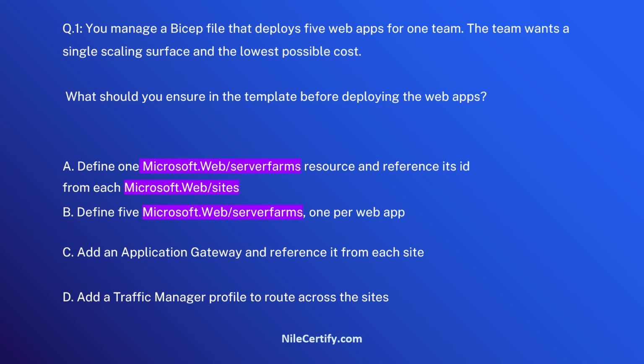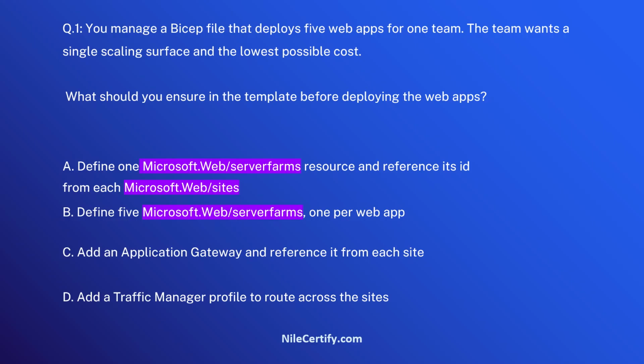Microsoft.Web/serverFarms is the ARM resource type for an App Service plan. And what is an App Service plan? It's basically the engine that powers the web apps. It defines the compute region and SKUs, CPUs, memory, etc., and it's the unit that you scale and pay for.